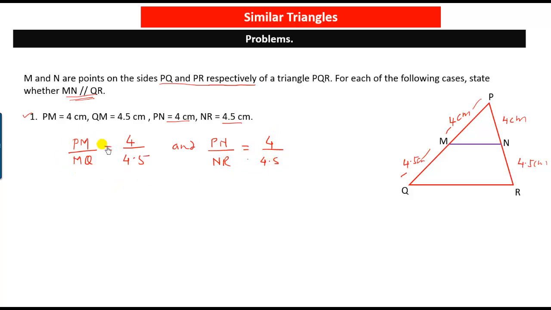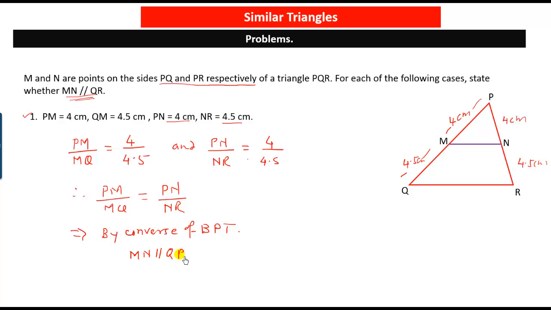Since both ratios are equal to 4 upon 4.5, PM upon MQ is equal to PN upon NR. Therefore, by converse of basic proportionality theorem, we can say that MN is parallel to QR.